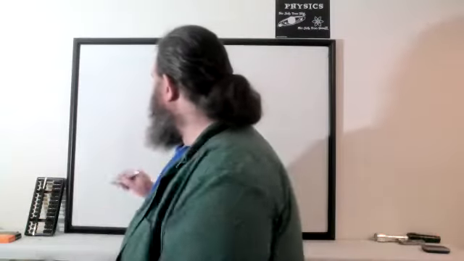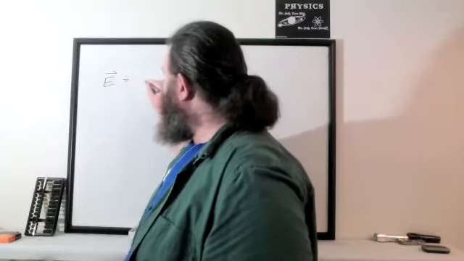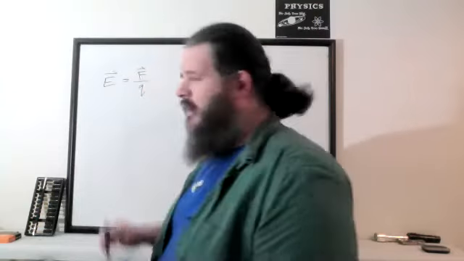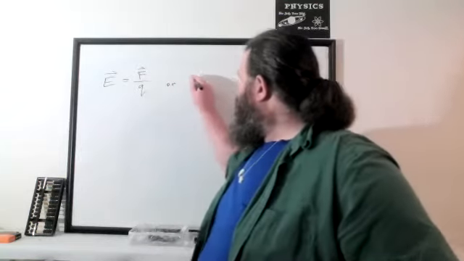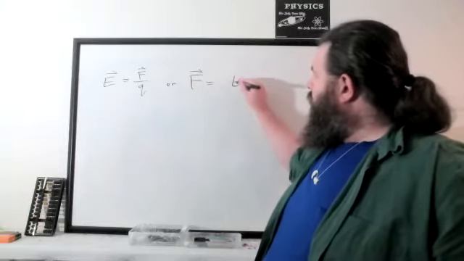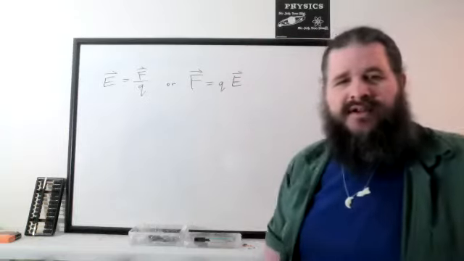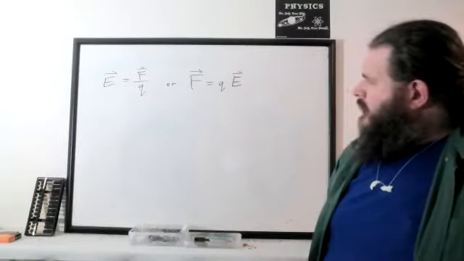If you know the electric field at some point in space, that's the ratio of force felt by the test object divided by test charge. Or if you put it the other way around, the force that's felt by the test charge is the electric field at that location in space times the charge of the test object.